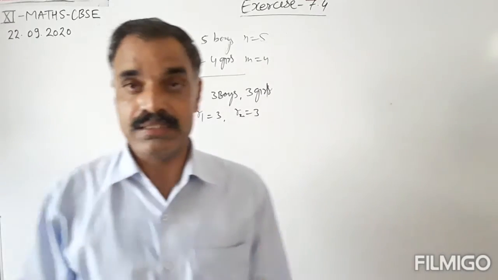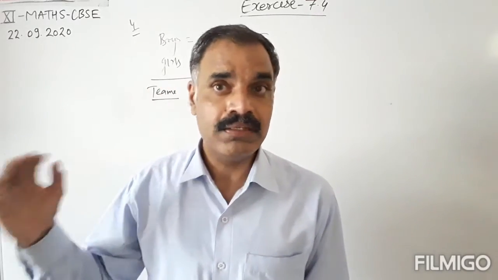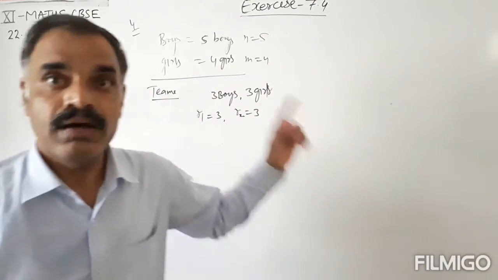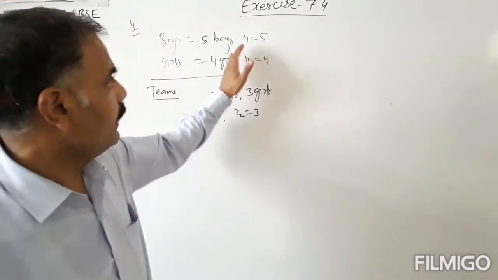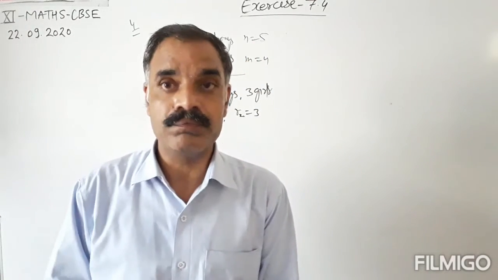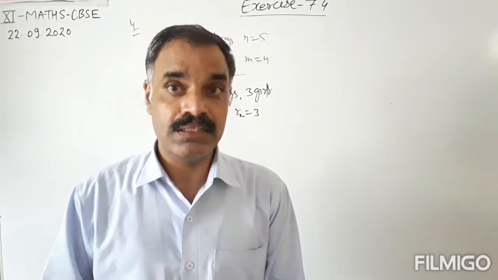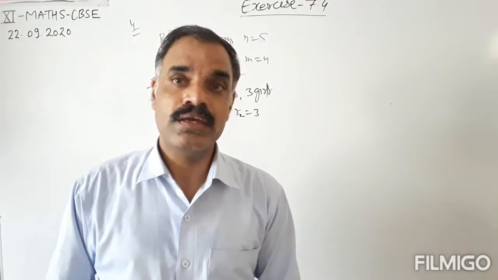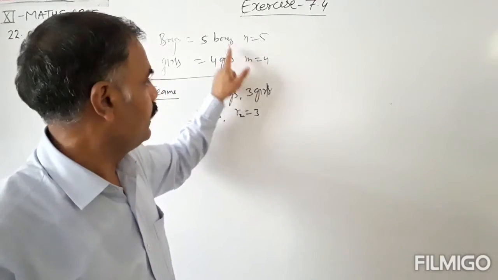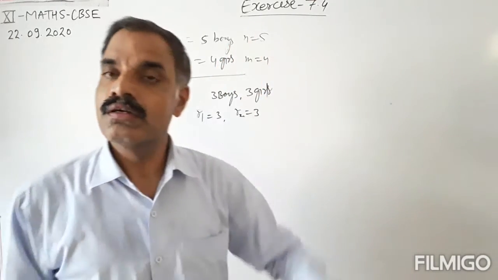Means we have to select. We have been given 5 boys and 4 girls. Okay, 5 boys and 4 girls means n1 equals to 5 and n2 equals to 4, and we have to select a team which consists of 3 boys and 3 girls. Okay, means we have to select 3 boys out of 5 boys and 3 girls out of 4 girls.